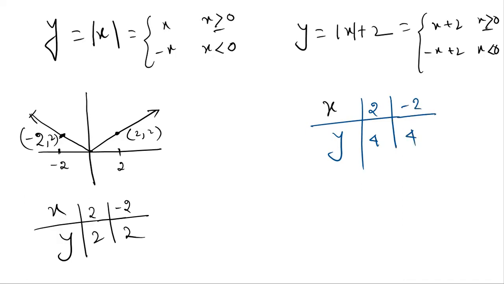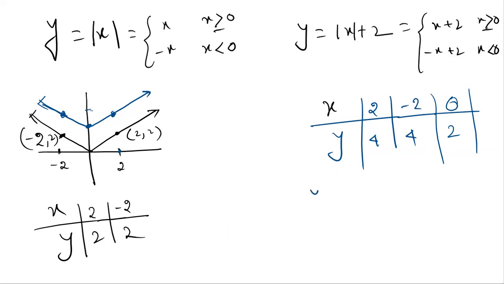And if x is 0, then you will get 2. That means this graph will start from here at 2, and at the point 2, this will become 4 somewhere here, and at minus 2, this will also become 4. So this is the transformation of f of x plus a.